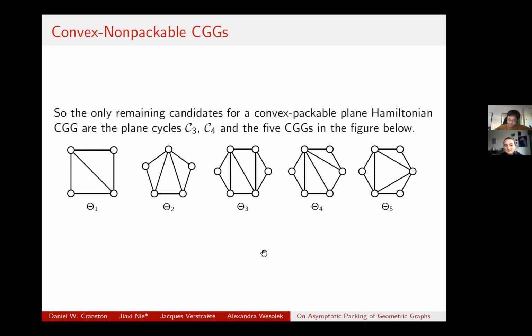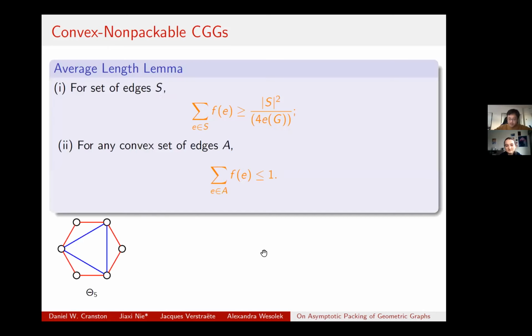So in fact, we can show that theta 5 is also not convex packable by our average length lemma. And here is how we prove it. For convenience, I listed the 2 conditions in the average length lemma here.